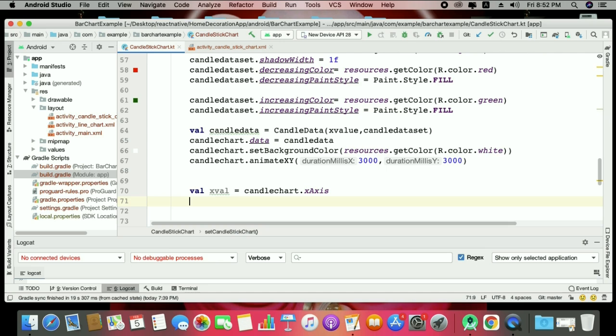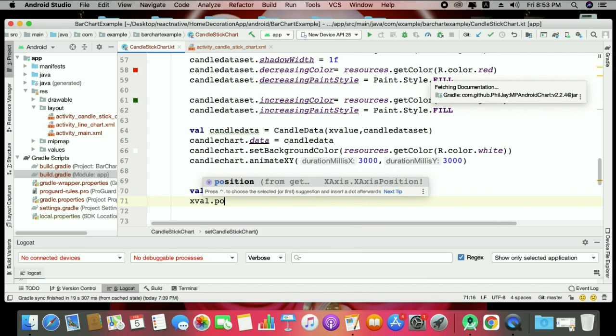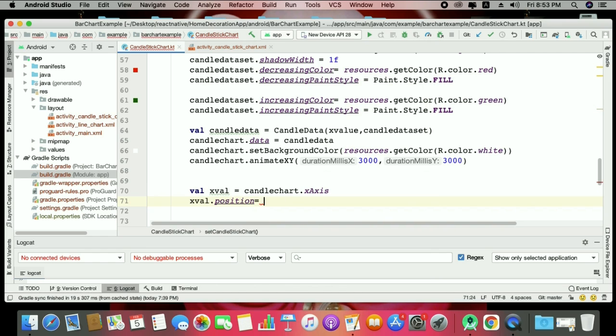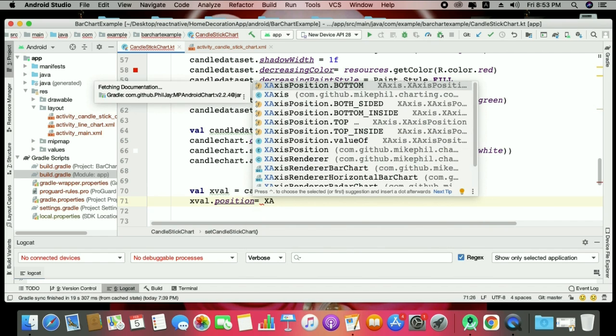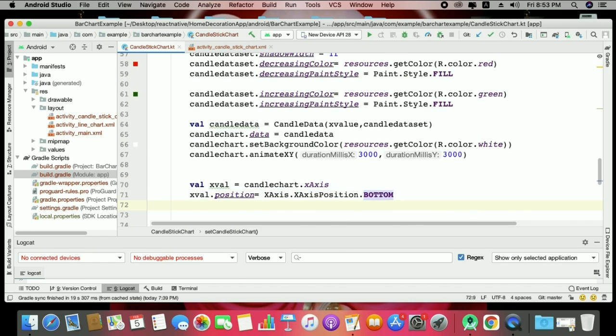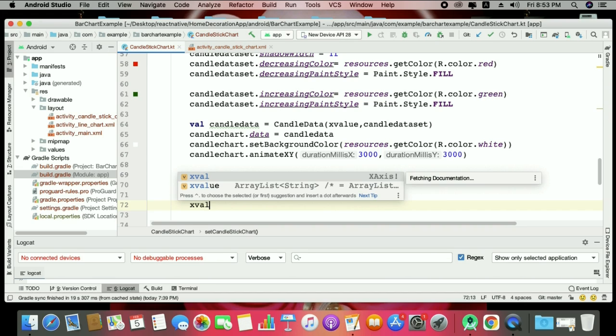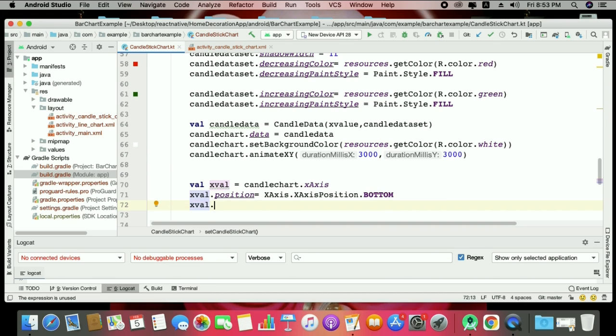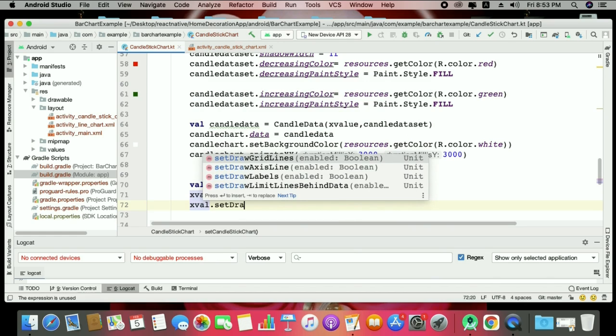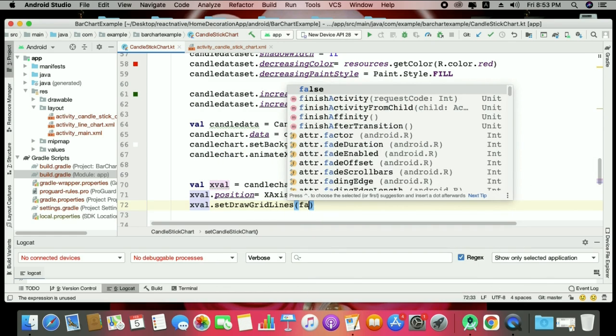You can take it as x-axis values here, and you can say x val dot position, and I want that position to be XAxisPosition BOTTOM. So that will be on your bottom side. Or if you want to remove the grid values, draw grid lines, I want it to be false.